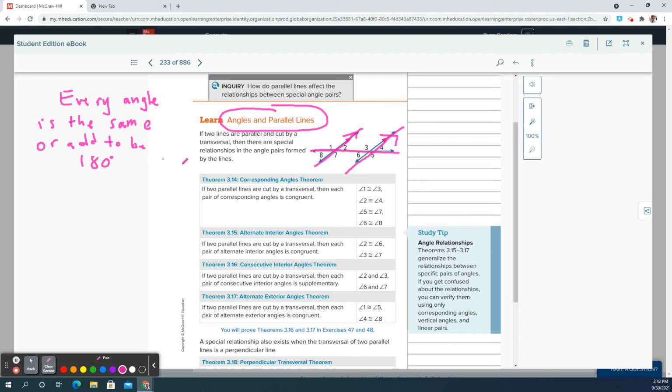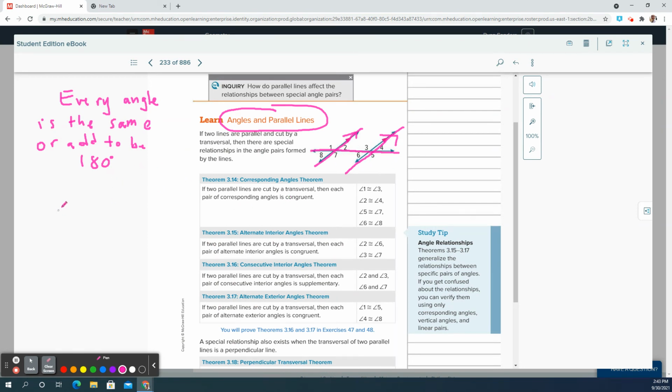So every angle here is either the same, they're congruent, or it's supplemental. One angle plus the other angle, if you add them up, you'll get 180. So once you know one angle, you can find every other angle here by either saying it's the same or by subtracting it from 180 degrees.